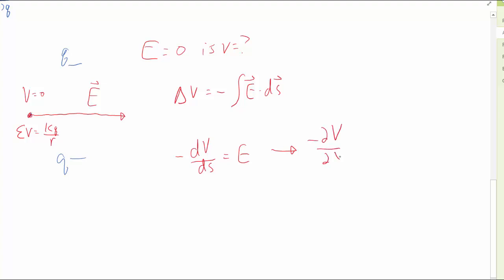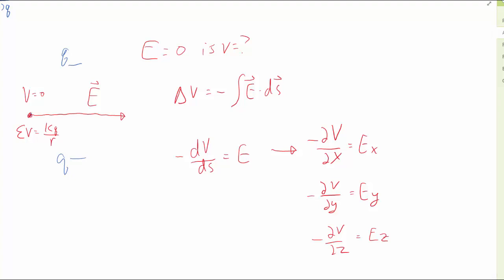So dV/dx is equal to E in the x direction, dV/dy is equal to E in the y direction, and dV/dz is equal to E in the z direction. How come your d's turned into curly d's? It's because I'm not very good at drawing the partial derivative sign. If you aren't familiar with partial derivatives, don't worry too much about that. I'm not going to give you something challenging on a test that would put you in a bad place for not having seen that in a math class.